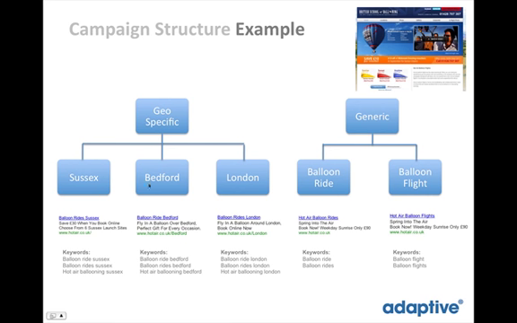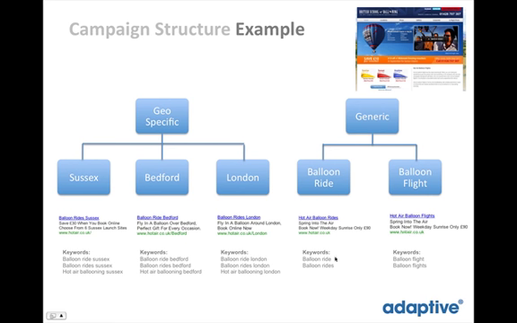And then they do the same for all their other locations, Bedford, London, and any other launch sites that they had. For the generic campaign, they would have split the keywords down into the relevant groups. So we have one ad group for balloon rides, and balloon, where the keywords are balloon ride and balloon rides, and then another one for balloon flight, and again keeping the relevance right from keyword to the ad text through to the landing page.